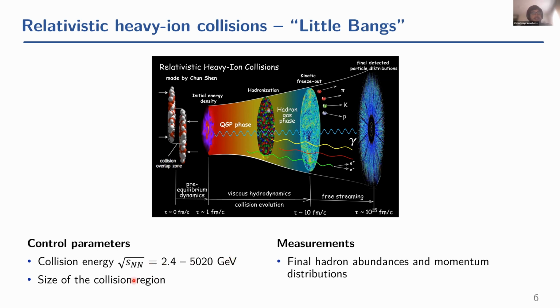And another parameter is the size of the colliding region, which can be regulated by centrality selection as well as by the selection of the sizes of the nuclei which are colliding. The measurements, as I mentioned, are the outcome. So these are the abundances of all the hadrons produced, as well as their momentum distributions.